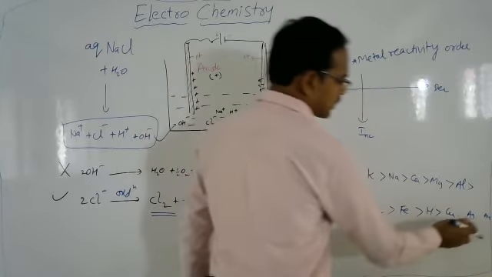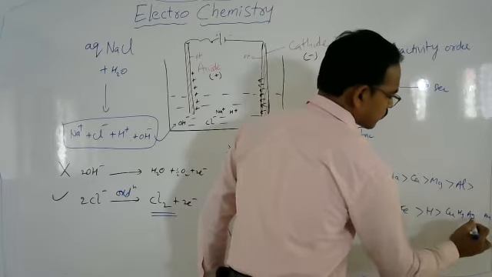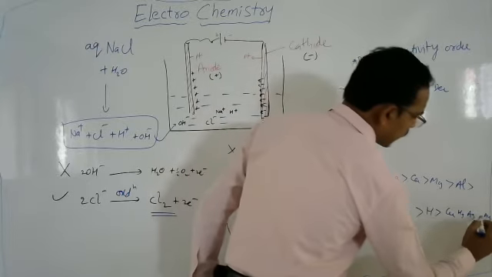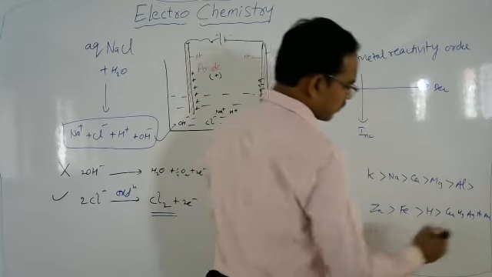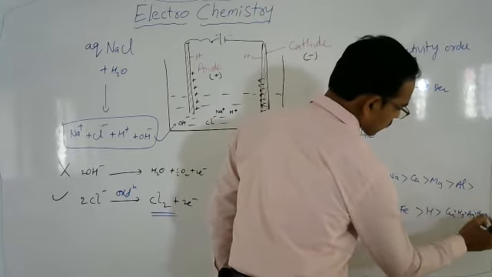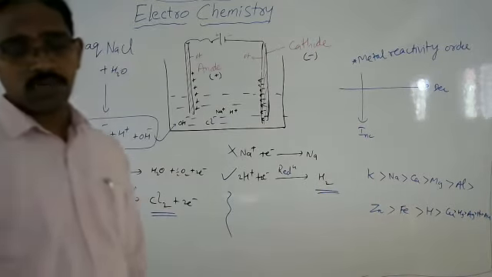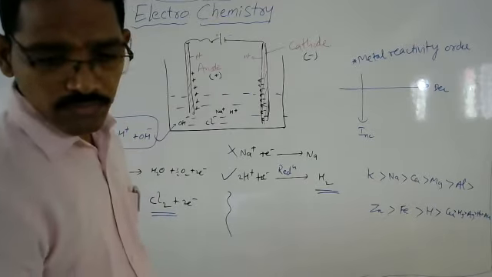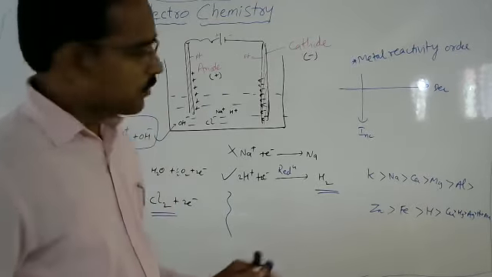In between silver and copper, mercury will come. Between silver and gold, platinum will come. Okay, this is the reactivity order. If you know this, maximum of the concept will be clear.